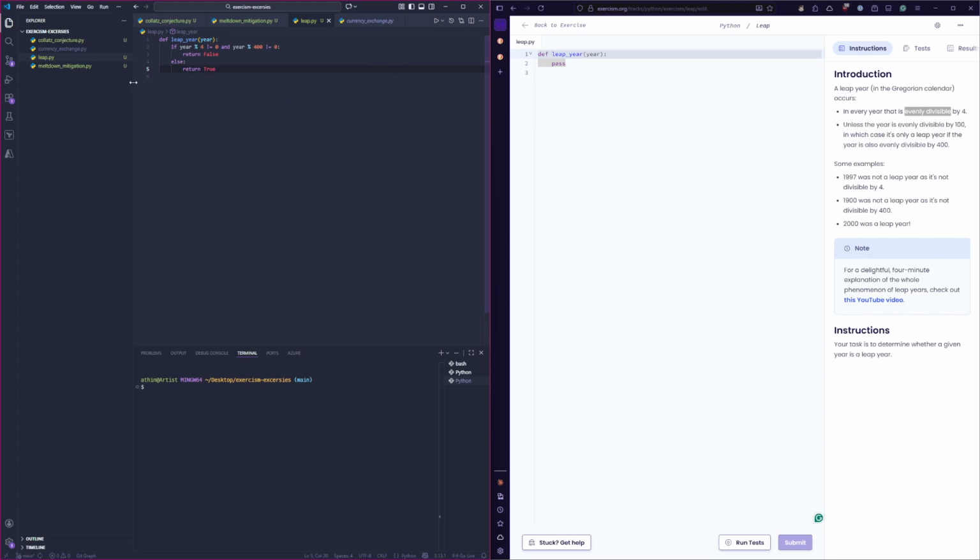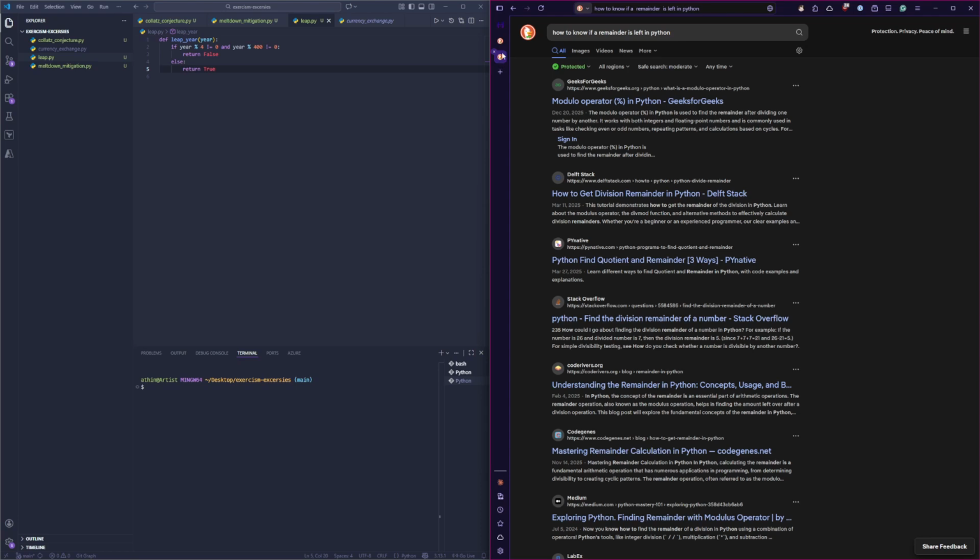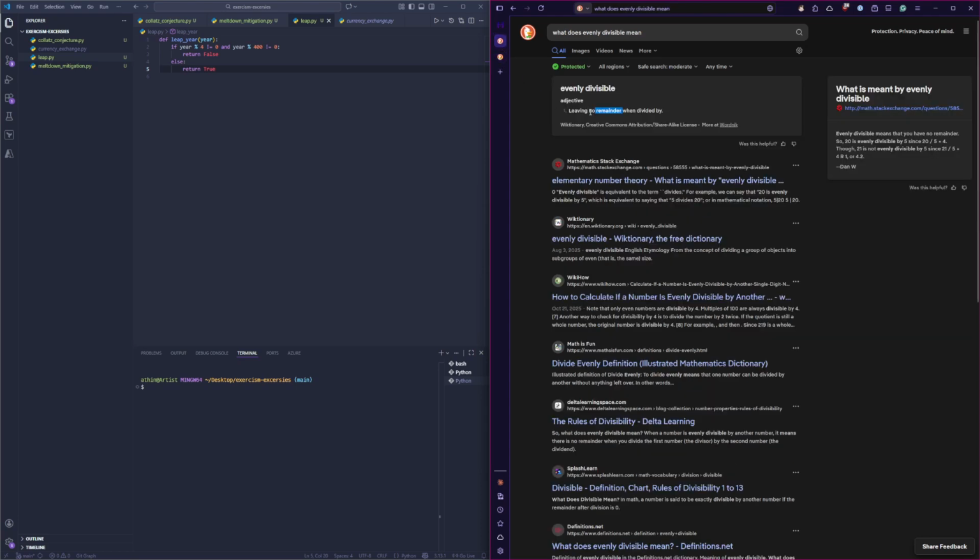Alright, so to describe what my thought process is, I'm reading this, right? Evenly divisible, right? An evenly divisible number does not have any type of remainder, leaves no remainder when divided by whatever number.